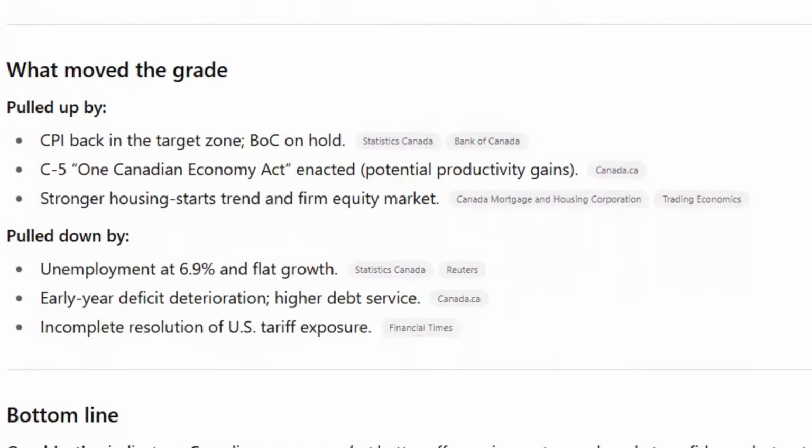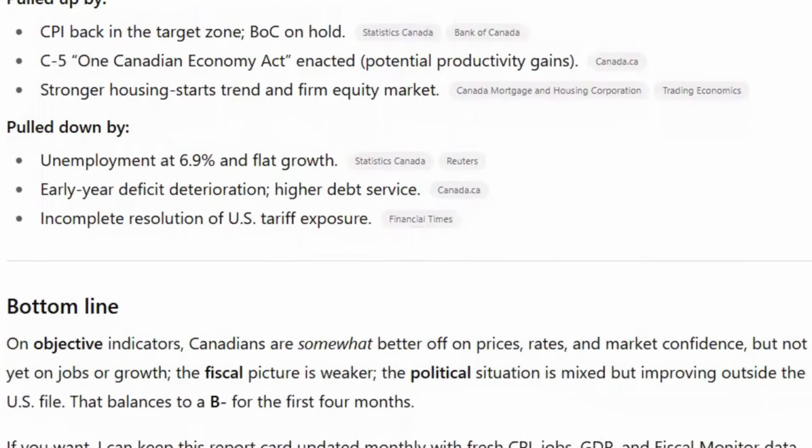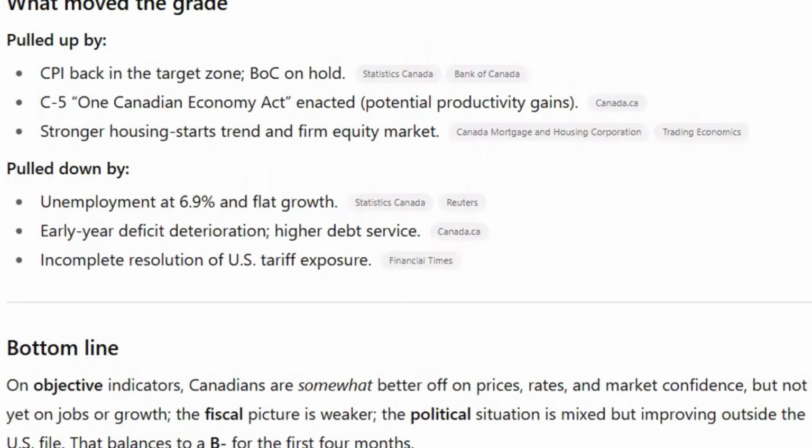So what moved the grade? Why is the grade B minus? Because the consumer price index is back in the target zone and the Bank of Canada has not done anything with the interest rates. C5, the One Canadian Economic Act, was enacted, with potential productivity gains. We'll see.